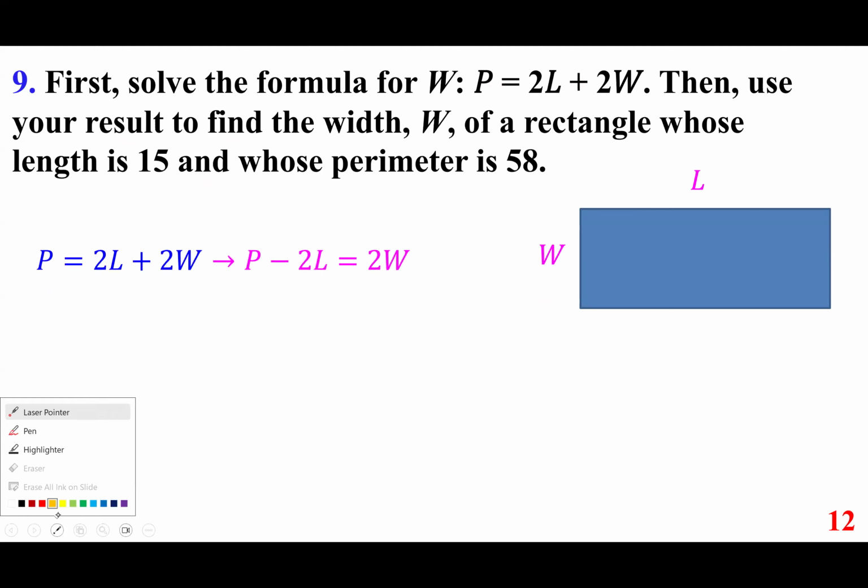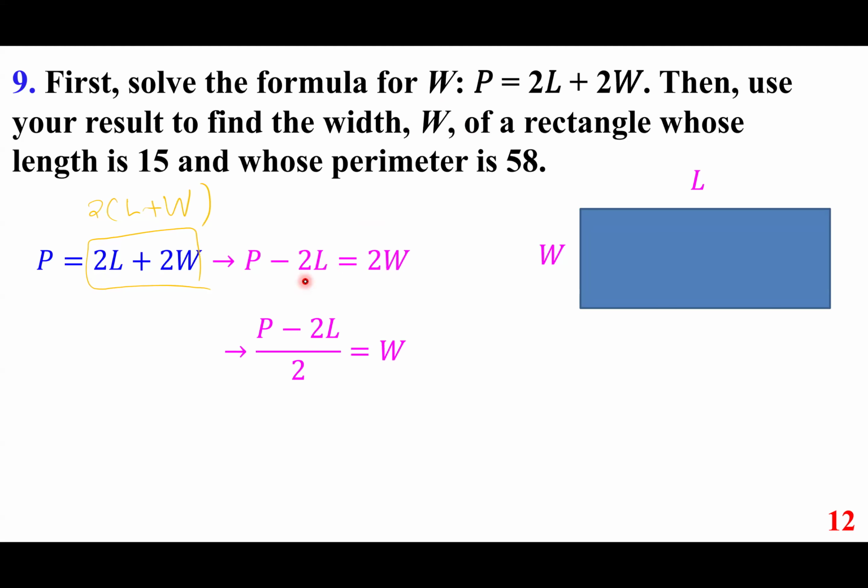By the way, class, one might say 2 times L plus W is the same thing, okay? So we want to solve for W. We are going to isolate it by moving the 2L. We're going to divide by 2. Now, here's what I want you to pay attention to before I move on.